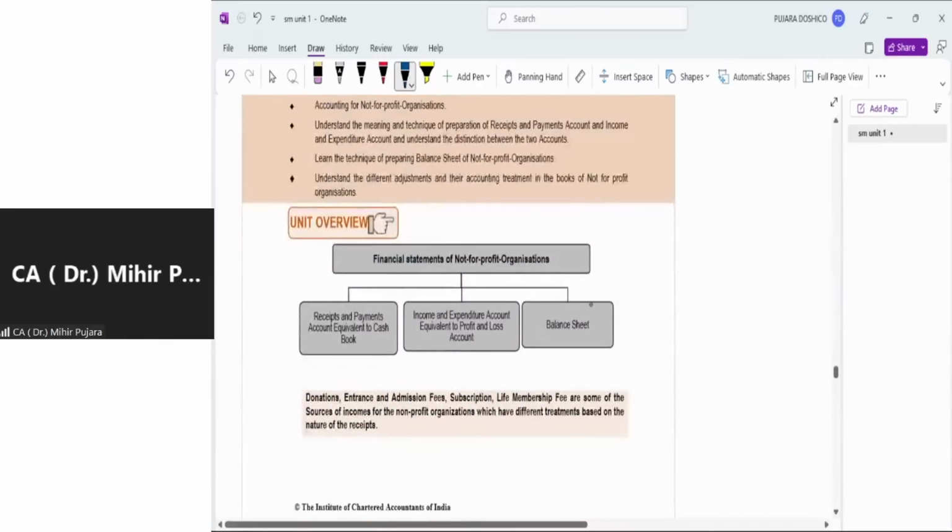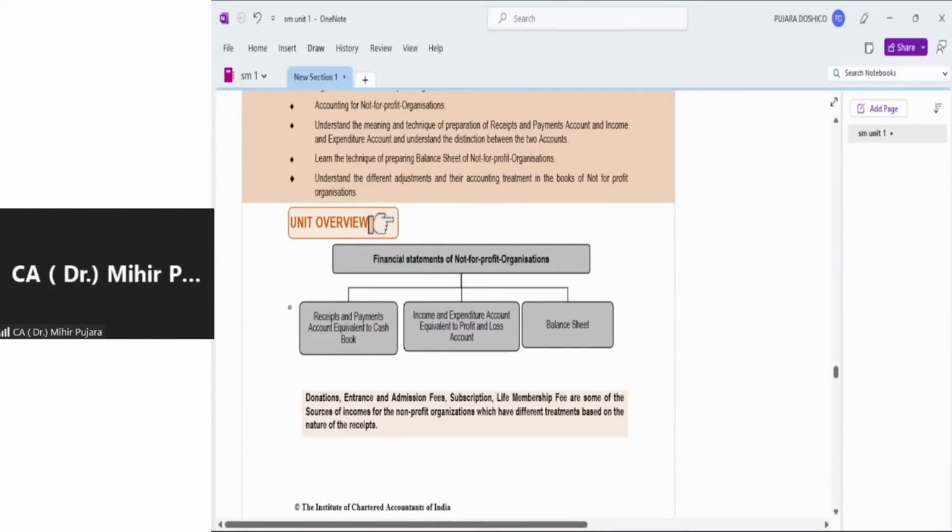Okay. So as we discussed, this is RNP, INE, and balance sheet.